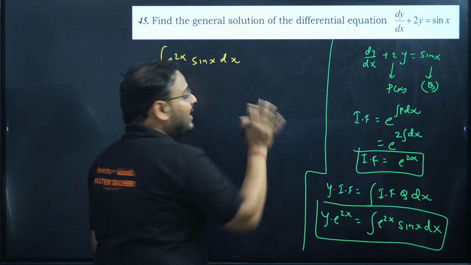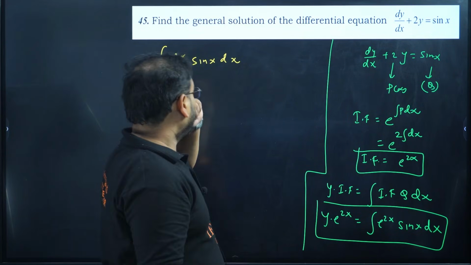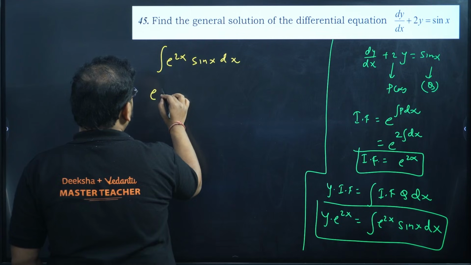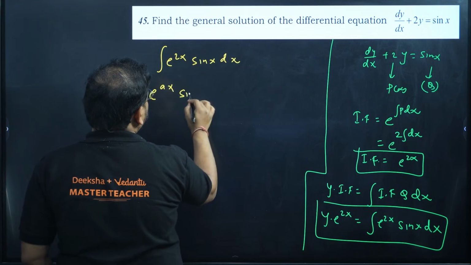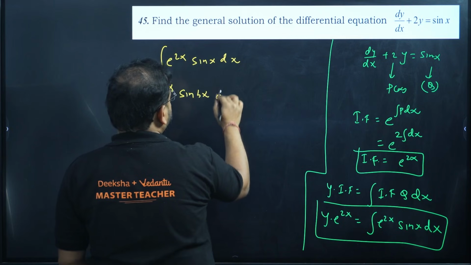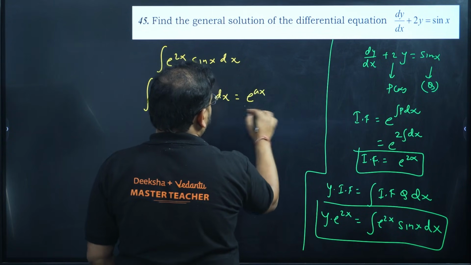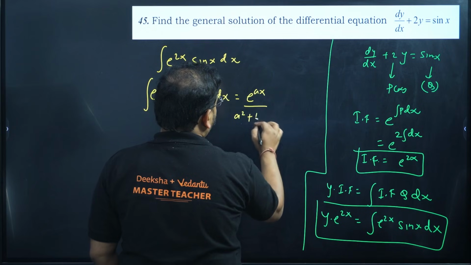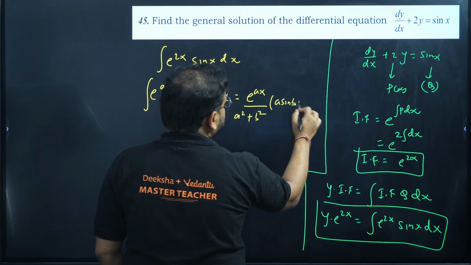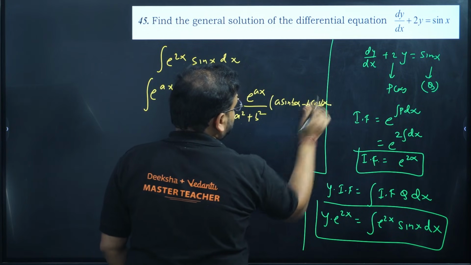If you integrate this, you'll have multiple loops of by parts. So there's a formula for this. The integration of e power ax sin bx is given as e power ax by a square plus b square, times a sin bx minus b cos bx.